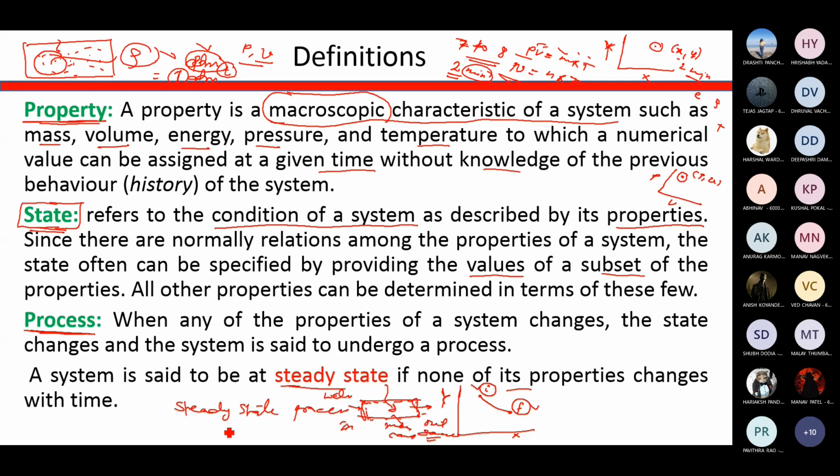If the properties do not change with respect to time, we call it a steady state. Suppose the temperature is not changing with respect to time, so this change is zero, then I will say it is a steady state. Similarly, in this case, when there is no change in mass with respect to time, I am going to call this a steady state process.